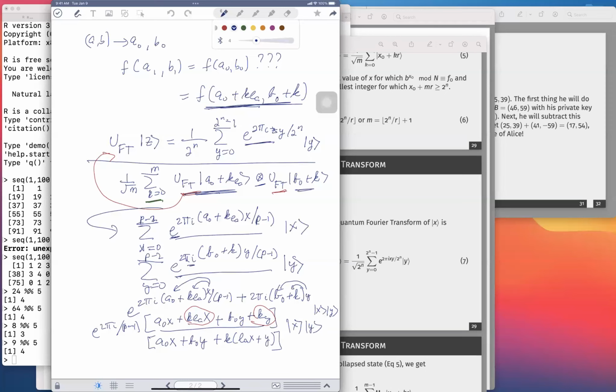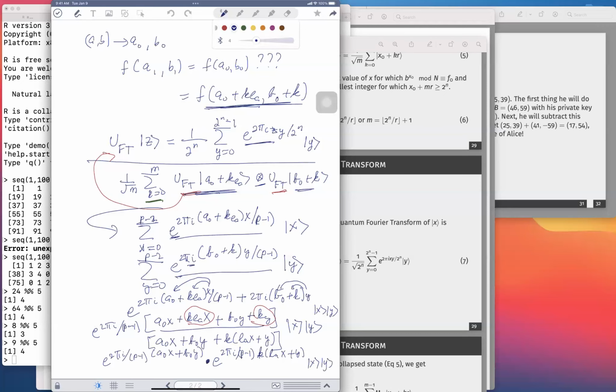So what happens is that this becomes e to the 2 pi i over p minus 1 times a0x plus b0y, multiplied by e to the 2 pi i over p minus 1 times k e_a of x plus y, okay, and then we have xy.